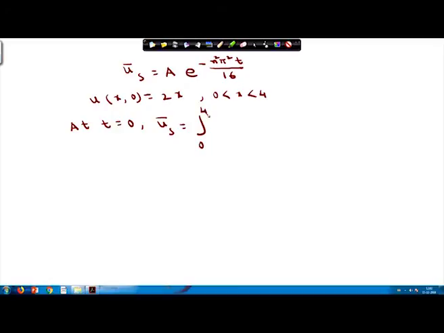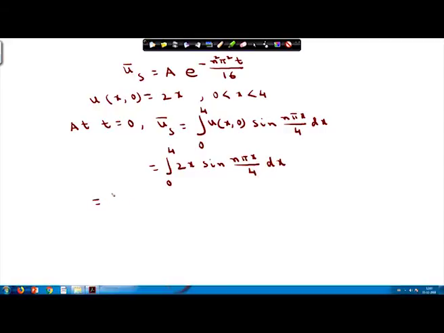From the definition of u bar s, it is the integral from 0 to 4 of u(x, t), at t equals 0, so u(x, 0) into sin(n pi x by L), L is 4, into dx. Here u(x, 0) is given as 2x. So, this equals the integral from 0 to 4 of 2x into sin(n pi x by 4) dx.